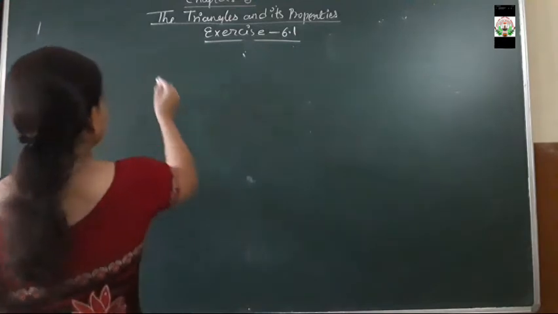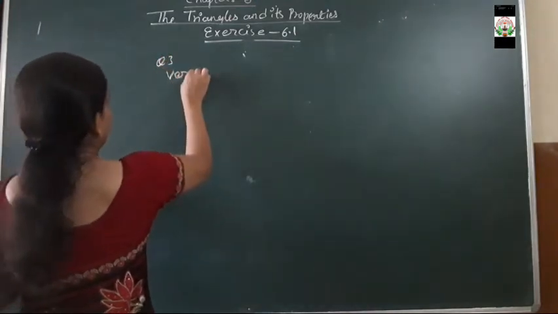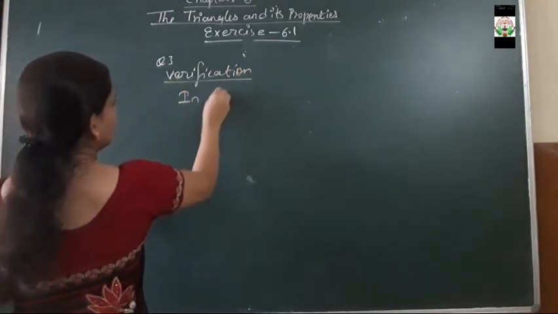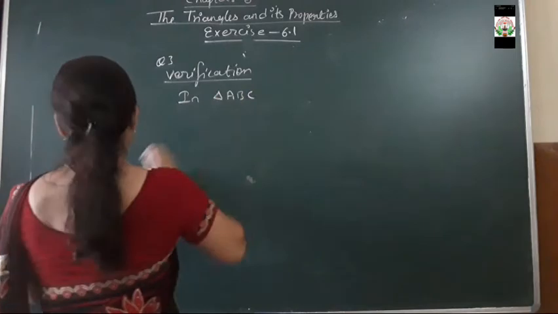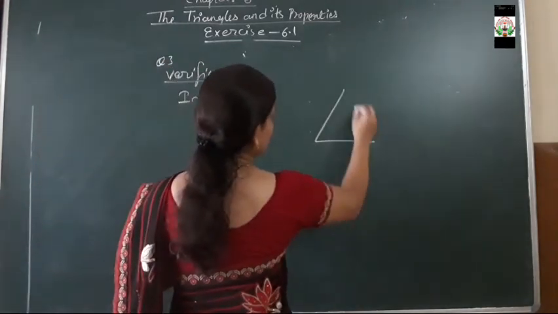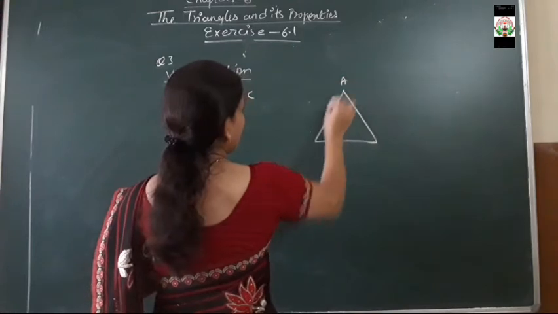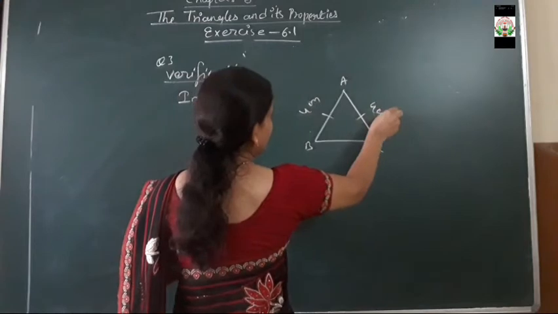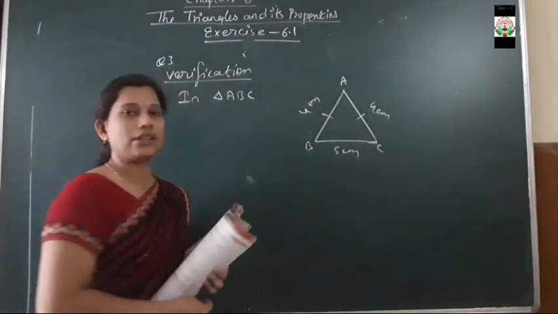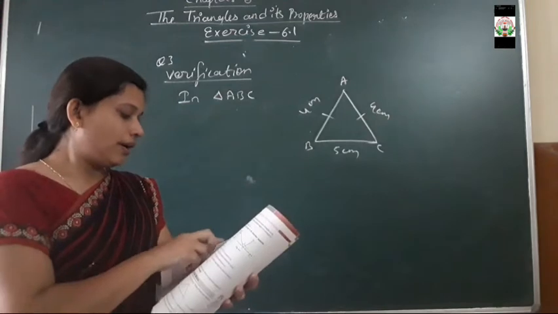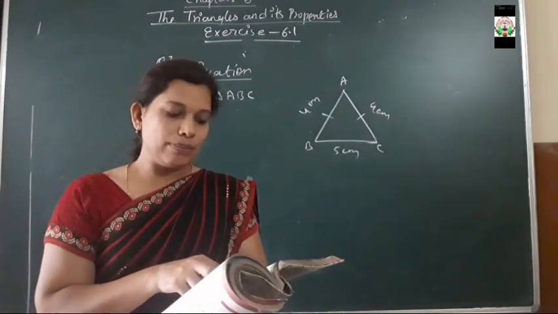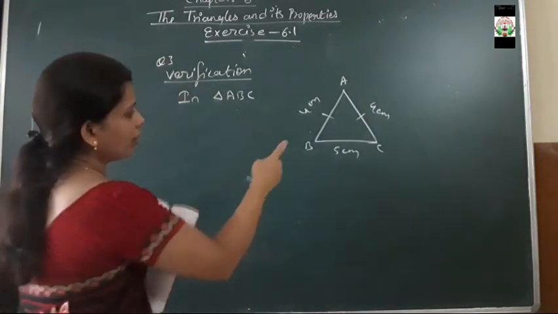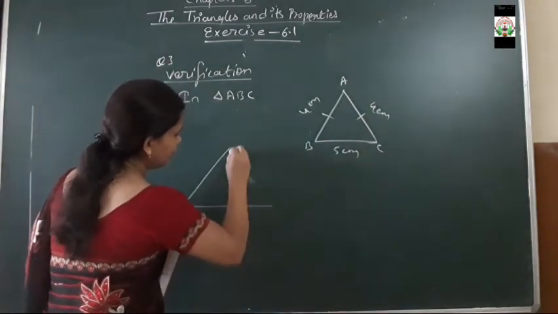So for verification, question number 3, in triangle ABC, it is said that it is an isosceles triangle. Isosceles triangle means any two of the sides are of equal measurement. Suppose these two sides are of equal measurement, and this is 5 centimeters. We are going to take this on our own. By drawing this diagram, this is the diagram we have made.